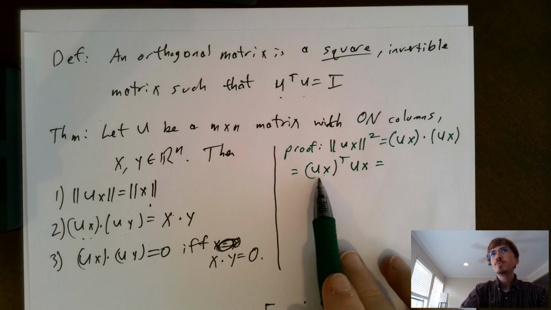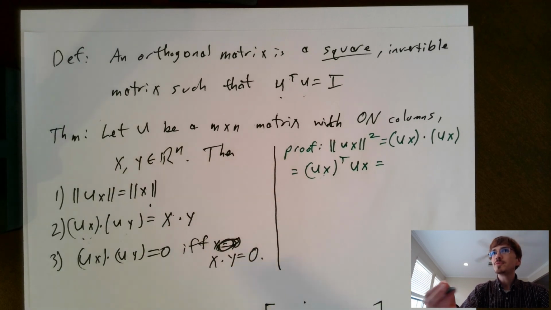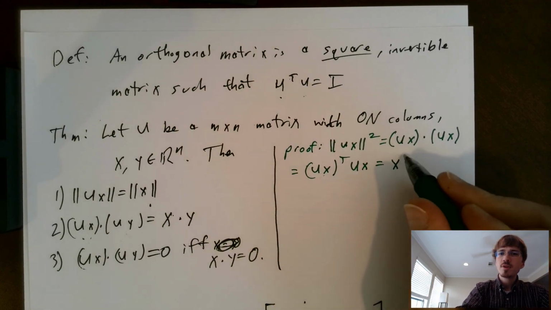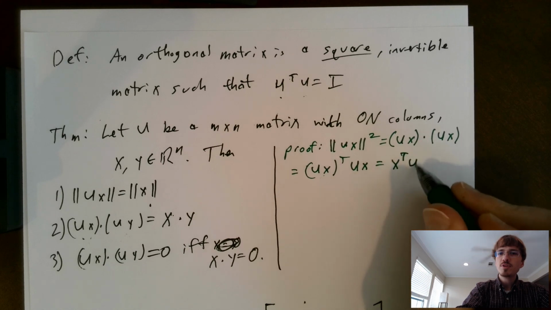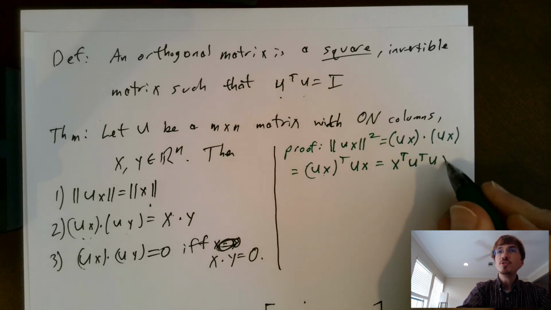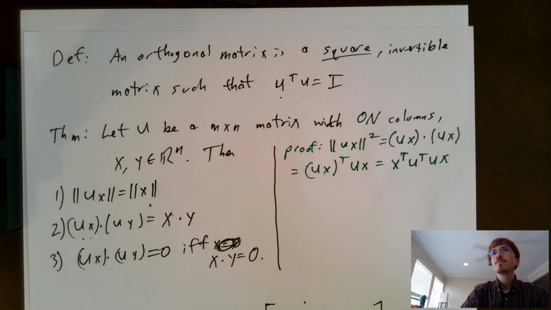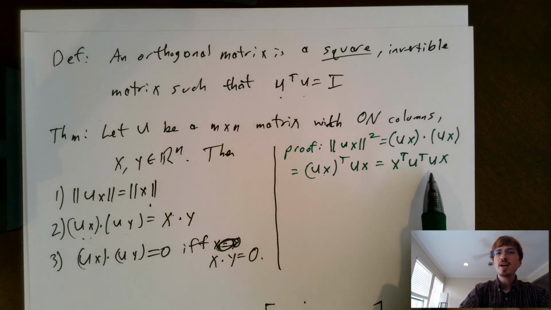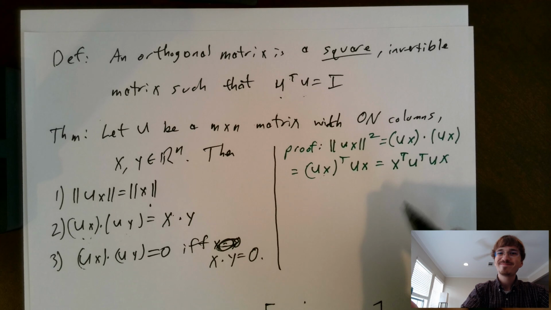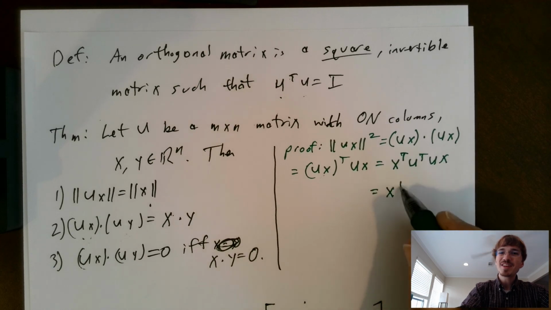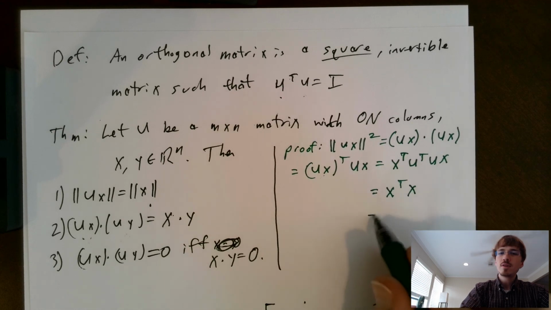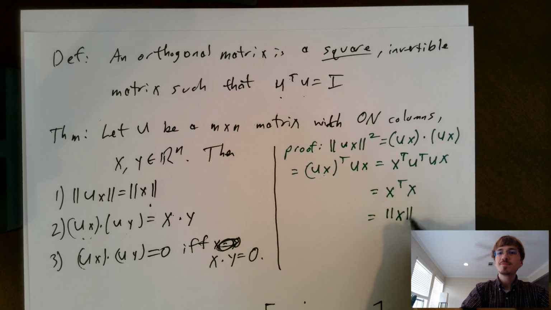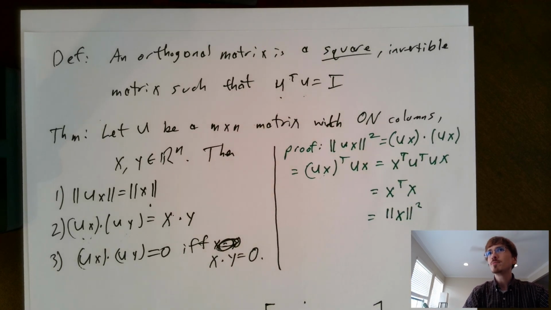How do we do a transpose? The order flips and everything gets a transpose. So it's x transpose U transpose times Ux. Well, what's U transpose times U if we have orthonormal columns? It's just x transpose times the identity times x. And this is x dot x, which is the magnitude of x squared. And taking square roots on both sides finishes that problem.